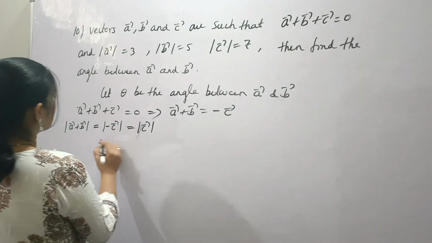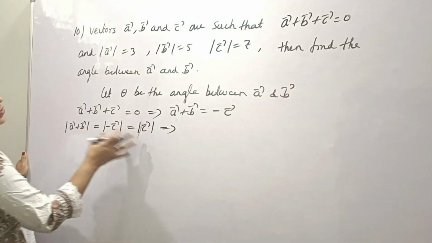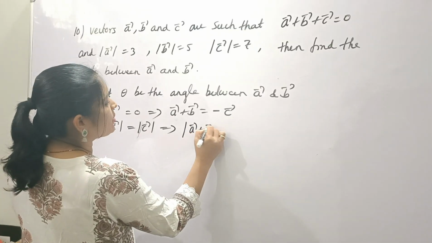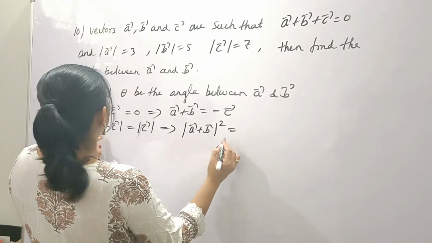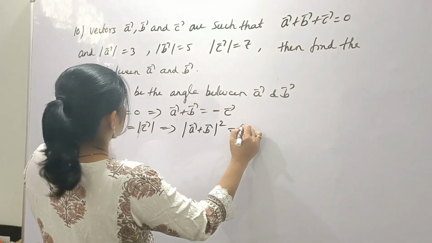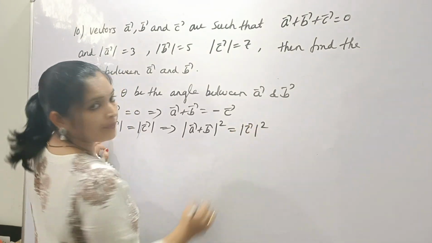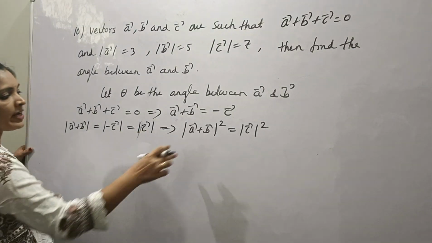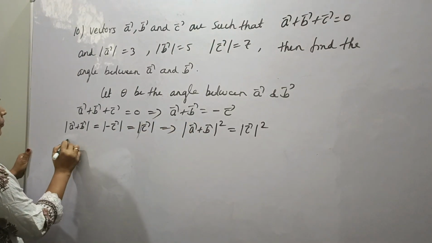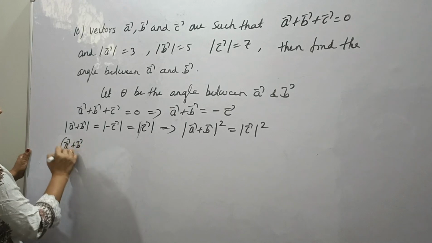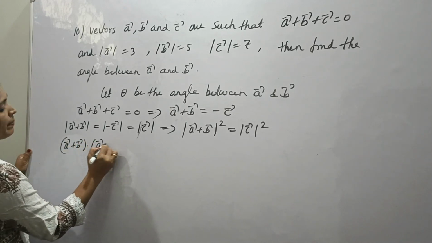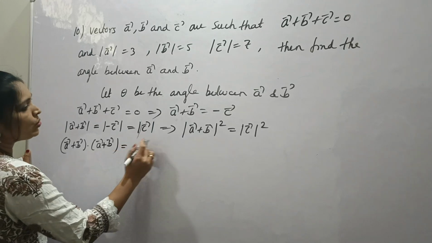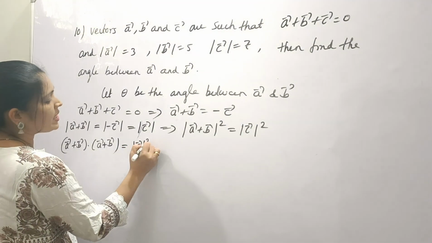Okay. Then that implies take square on both sides. So, modulus of vector A plus vector B square is equal to modulus C square. Okay. Then what is it? By scalar product of two vectors, this can be written as vector A plus vector B dot vector A plus vector B. Right? That is equal to modulus of vector C square.